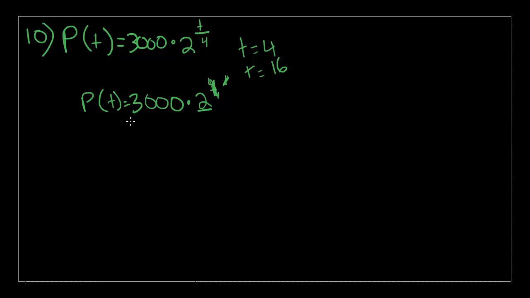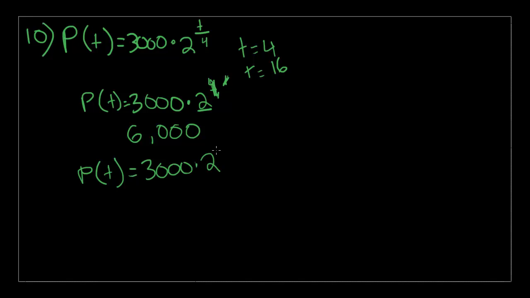So 3,000 times 2 is 6,000. Now let's look at the population if t equals 16. So that's 3,000 times 2 to the power of 16 divided by 4, which is equal to 3,000 times 2 to the power of 4, because 16 divided by 4 is 4. So 3,000 times 16, 2 to the power of 4 is 16.